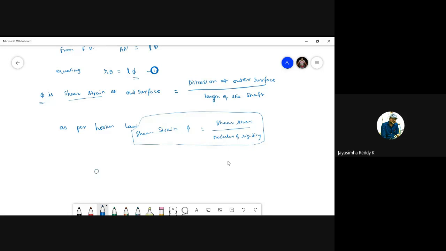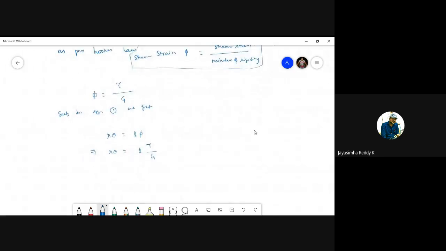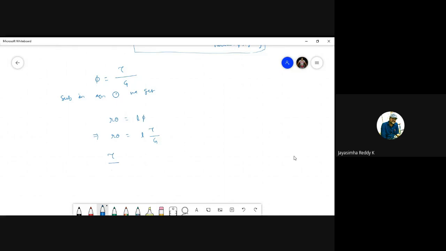So as per Hooke's law, we can write phi is equal to shear stress, which we denote by tau, by modulus of rigidity, which we denote by G. If you substitute this in equation number 1, we already have r theta is equal to L phi. So r theta is equal to L into tau by G. This can be rewritten for our convenience as tau by r is equal to G theta by L. Or we can also write it as tau is equal to G theta by L into r.